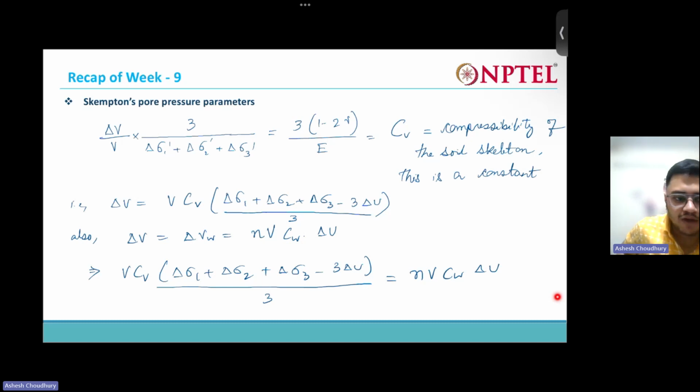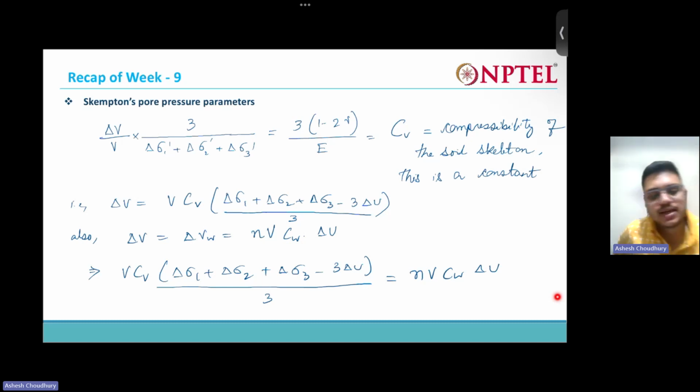Now from here we can write that change in volume is nothing but V times Cv into this. We are writing this in terms of the total stress values. Also this delta V, the change in volume of water, is equal to n V Cw into delta u.